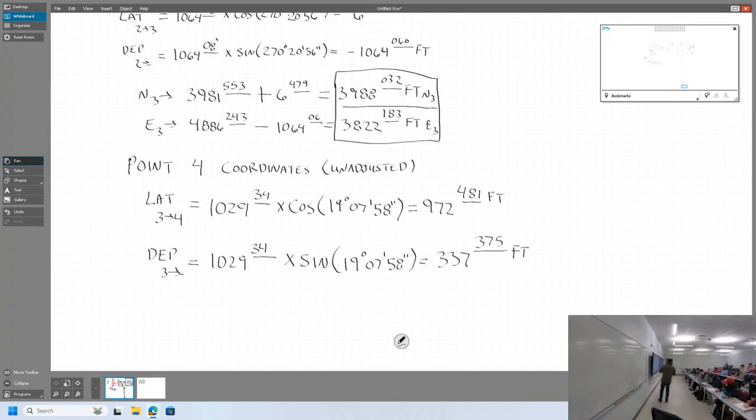So now to apply it to the coordinates, we need to apply it to this point that we're sitting at. Our total station's here. We need to apply the coordinates for this spot.